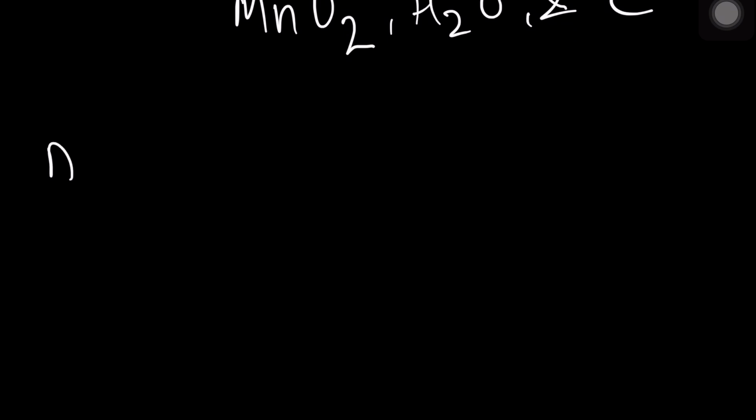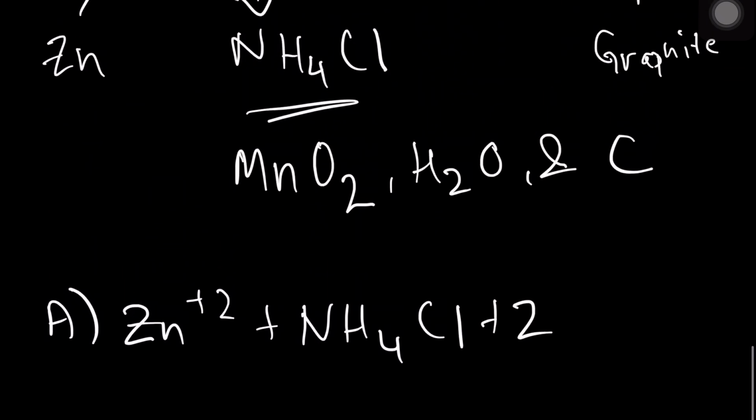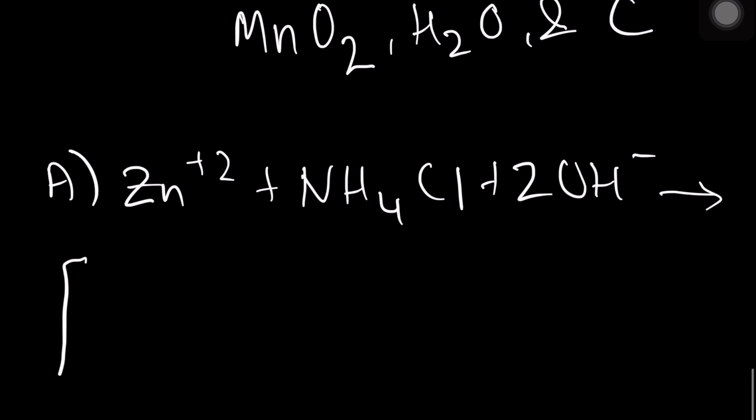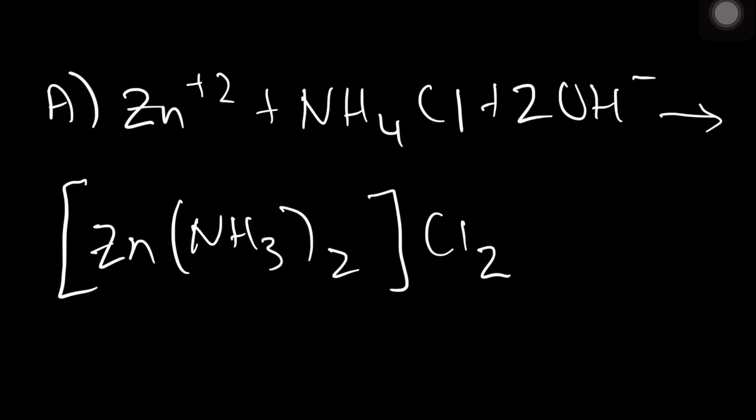So, at the anode, a zinc 2+ ion will react with our ammonium chloride and 2 hydroxide ions to give rise to a diamminedichlorozinc complex. That is represented here.